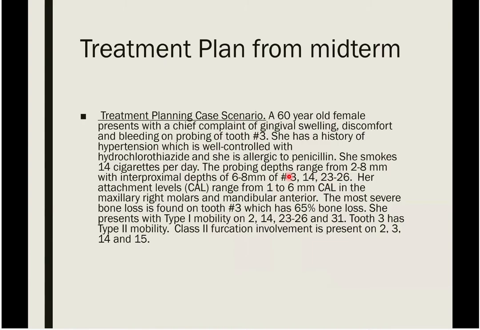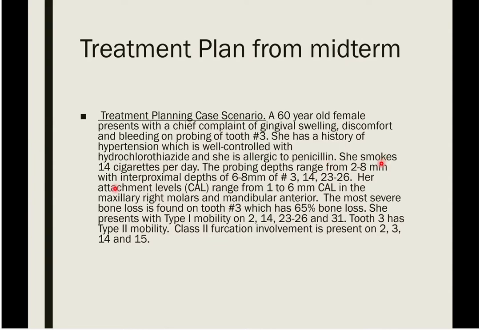All right. Now, the treatment plan from the midterm. Okay. So here you were given a scenario of a 60-year-old female. She had a swelling and discomfort on tooth number 3, a history of hypertension that was controlled with hydrochlorothiazide, and she was allergic to penicillin.